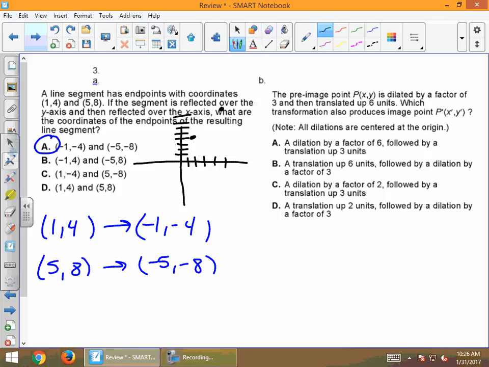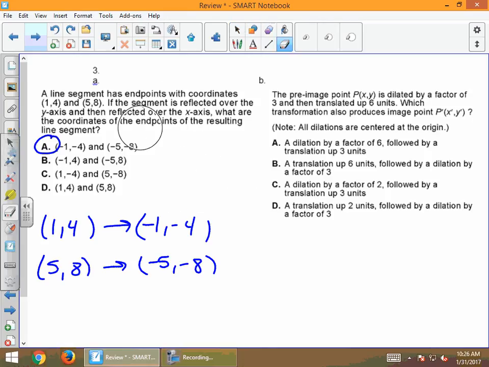You could have reflected the line over the y-axis, then reflected it over the x, and then relocated what those points were. Totally fine. You could have done that, then looked at which one matched your new points. Or save yourself a lot of work if you remember a double reflection is the same as a 180-degree rotation. Questions over that?